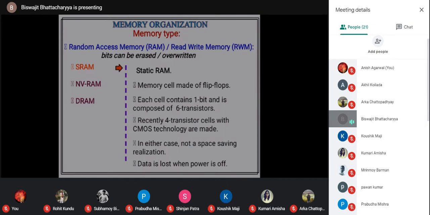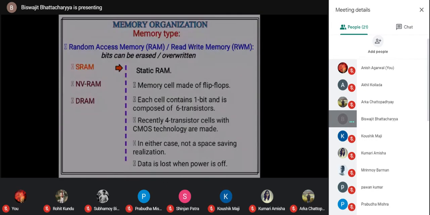Here, memory cells are made of flip-flops, and we know each flip-flop is the result of some number of transistors. So to store one particular bit, or to generate one memory cell for storing one bit, 6 transistors are required.